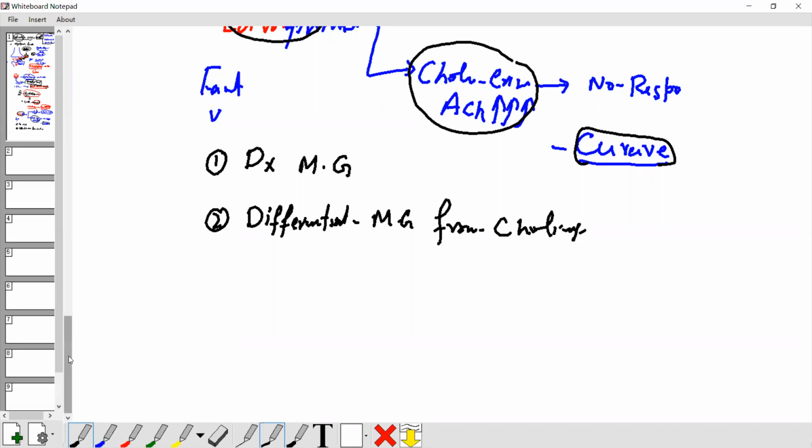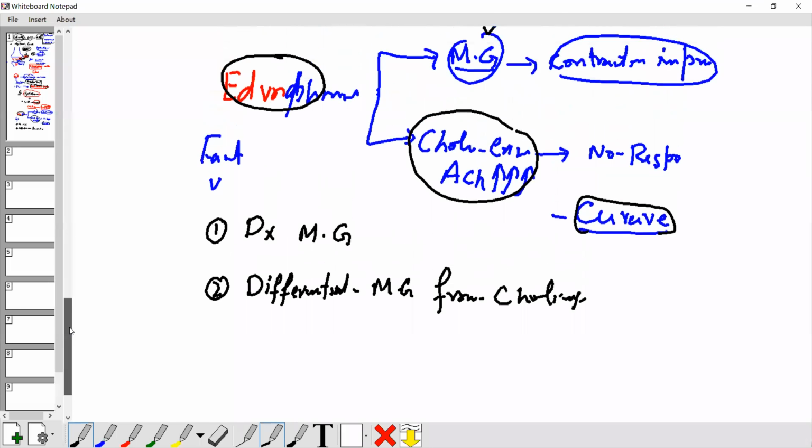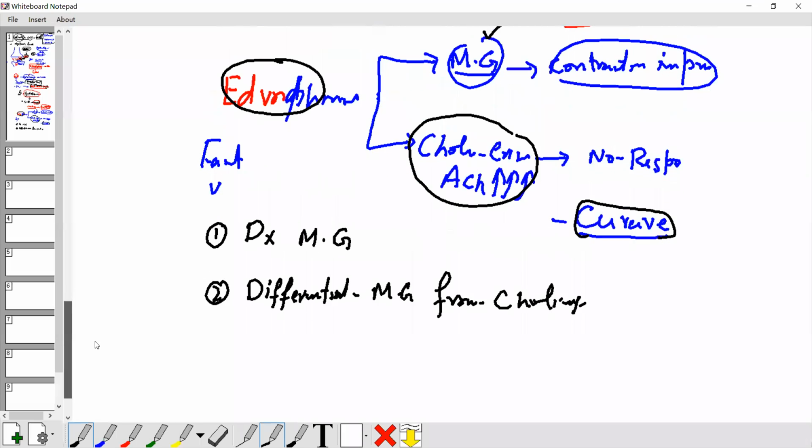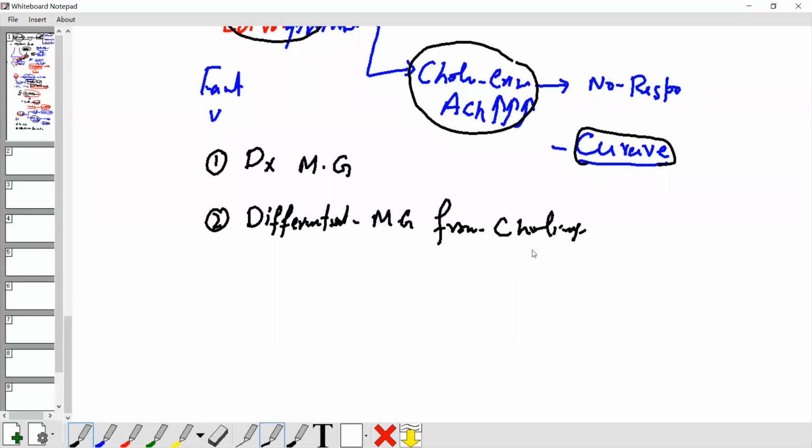If a patient has already been using an acetylcholinesterase inhibitor in very high concentration, that time the patient suffers from cholinergic crisis.